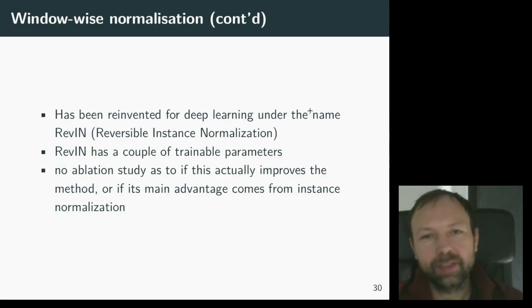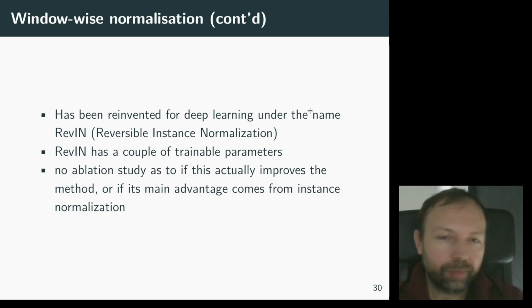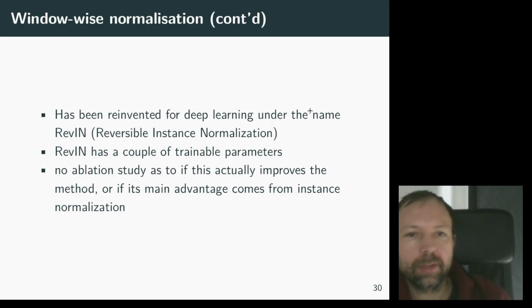It has since been reinvented for deep learning under the name REVIN, Reversible Instance Normalization. To be fair, REVIN is a bit different. It has a couple of trainable parameters. But the original paper didn't have any ablation study as to if these trainable parameters are actually doing something useful, or if the main advantage from the method is really just the window-wise normalization.